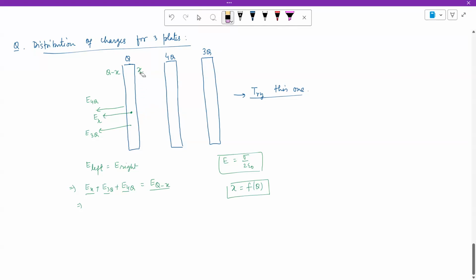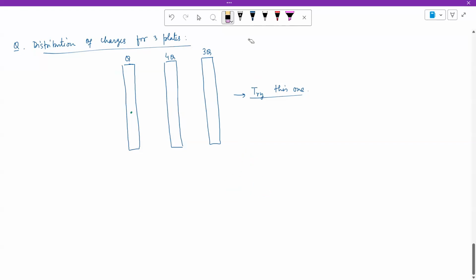Let me erase this thing, and let us do this from the beginning. So at this point, we know that E net is zero. That is the idea that we have, right? Yes, sir.